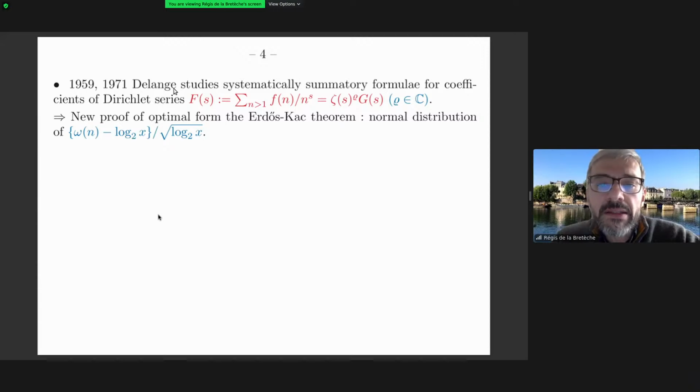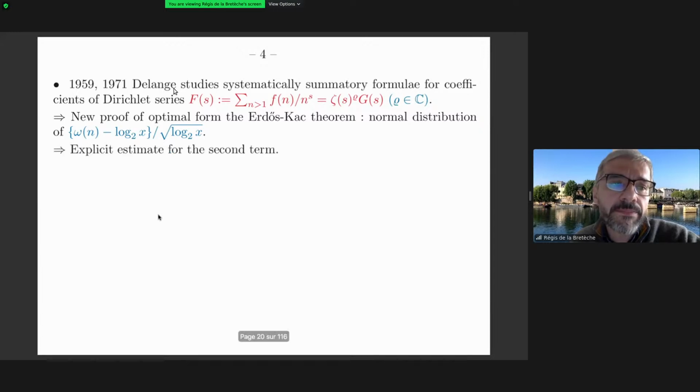I mean the normal distribution of omega of n minus log x, which is the mean of omega of n, over the square root of log x. So it's a very nice result and very fundamental for probabilistic number theory.